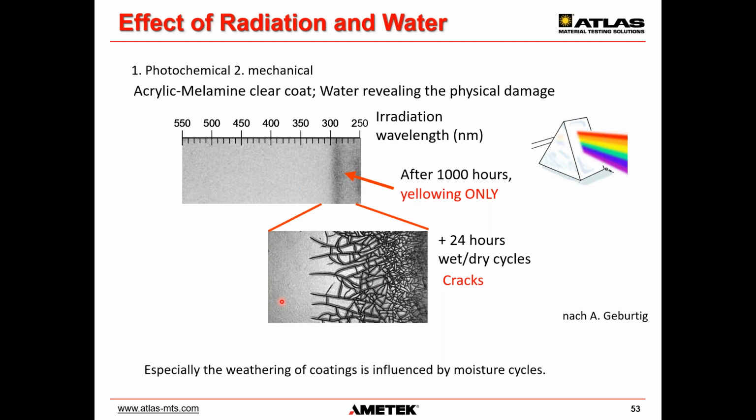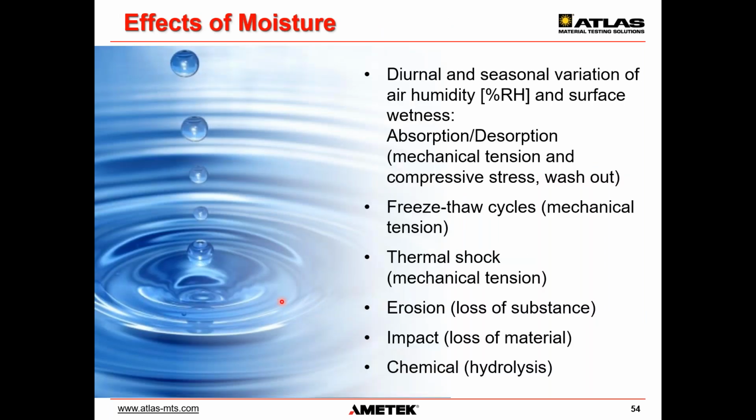But if moisture cycles have been applied, then cracks occurred. So crack formation, surface cracking is very often a combination of aging by photochemical aging and cyclic stresses by moisture cycles. So for realistic simulation, moisture is very critical.